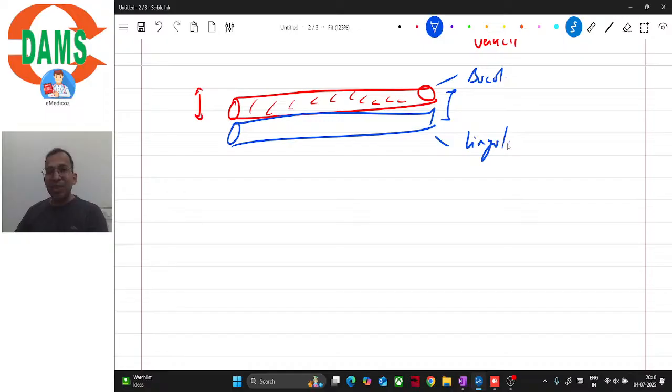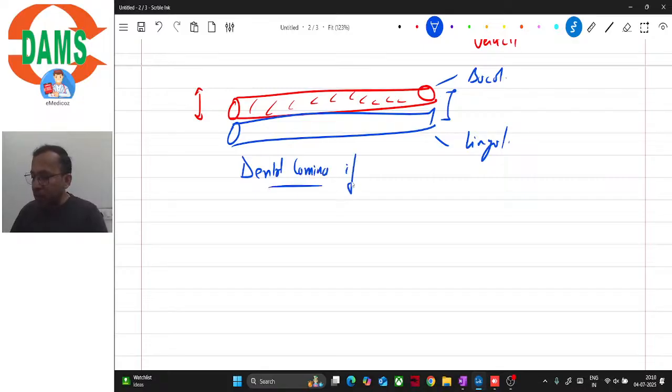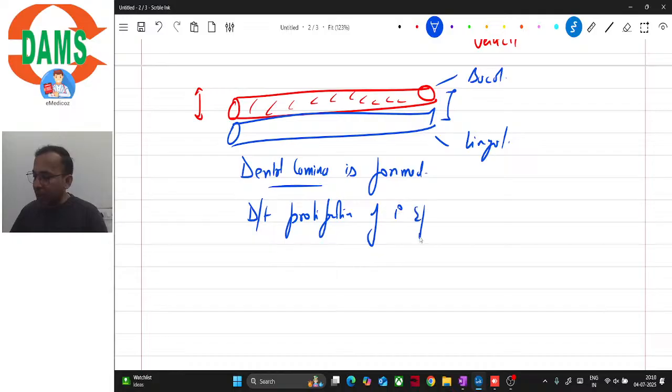So with this change of the division, dental lamina is established. Dental lamina is formed due to proliferation of primary epithelial band in a vertical plane.